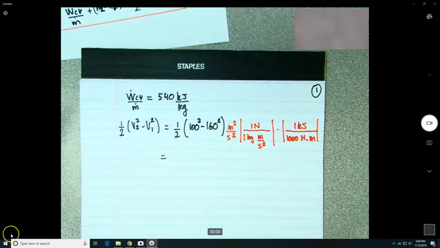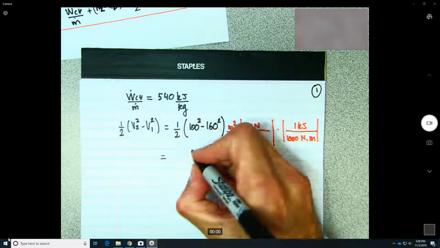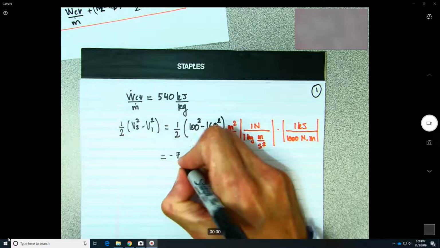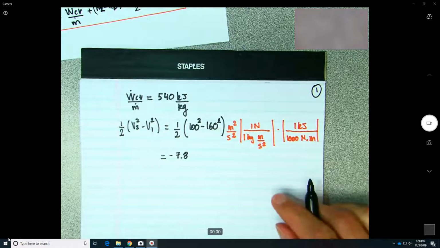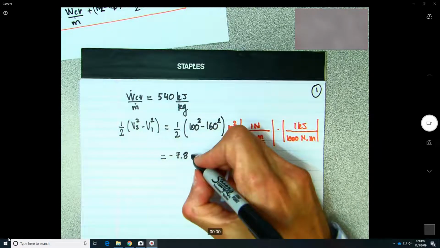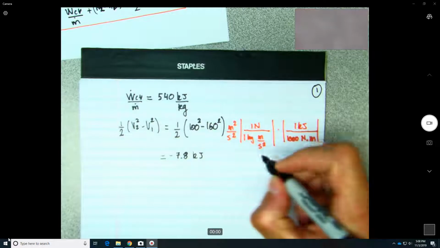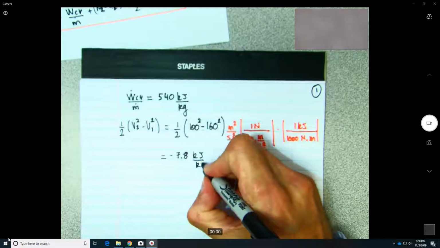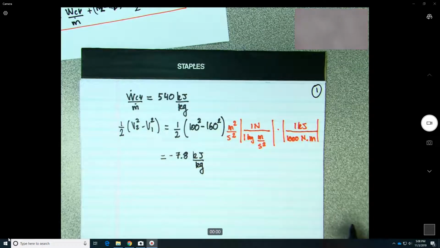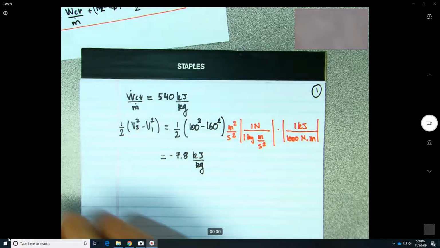I'm going to stop the video for a second to do the calculation. So this is equal to minus 7.8 kilojoules per kilogram.